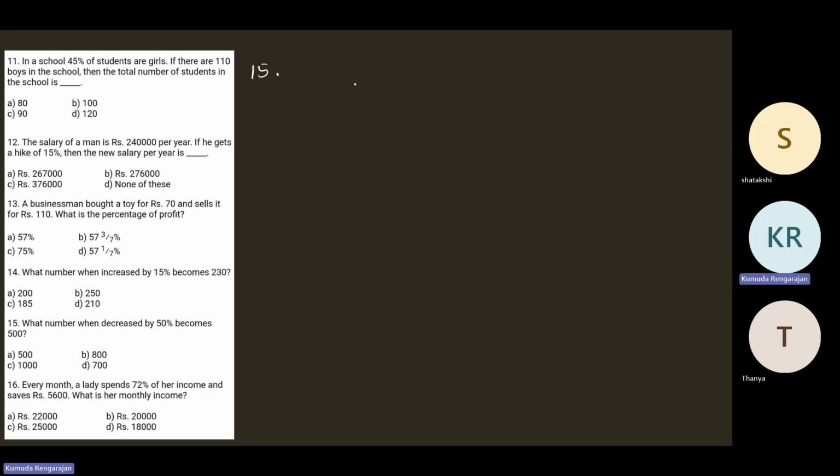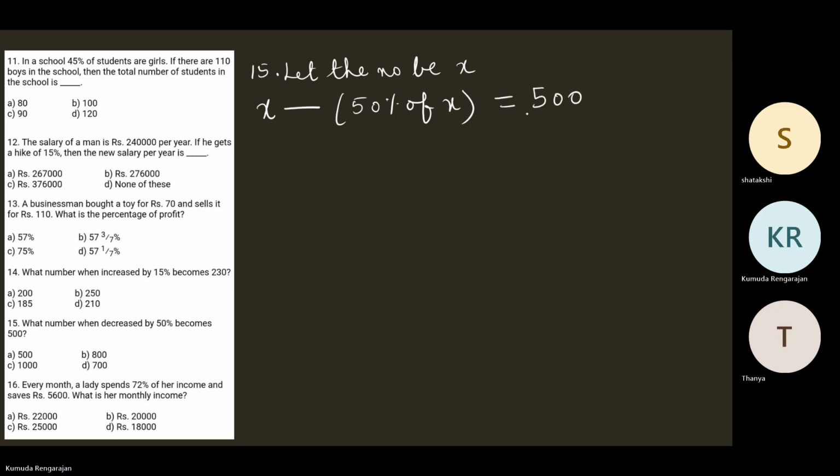What number when decreased by 50% becomes 500? So again, let the number be x, or y, whatever variable. Now this number x, when it's decreased by 50% of itself, it becomes 500. Decrease, so minus.